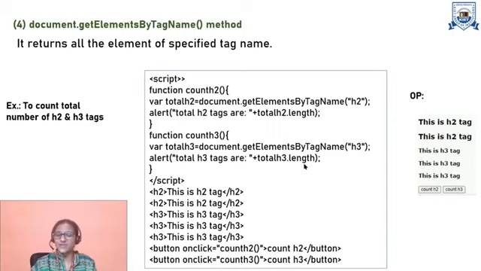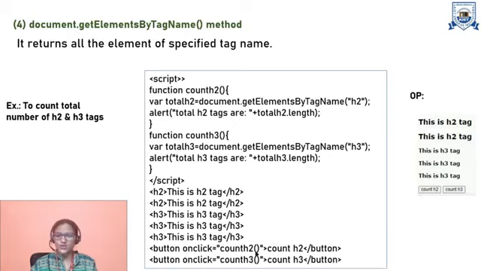With the help of this length property, we can count how many h3 are available in the web page. So two buttons are there, count h2 and count h3.